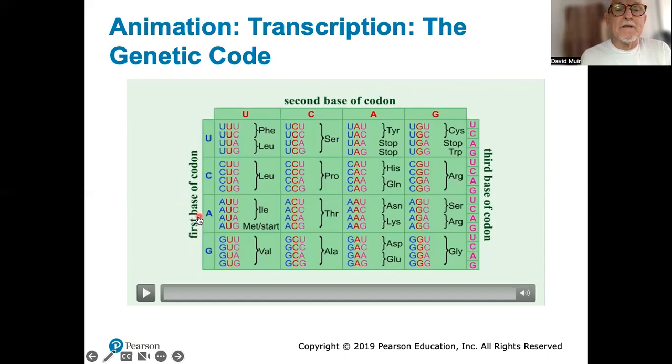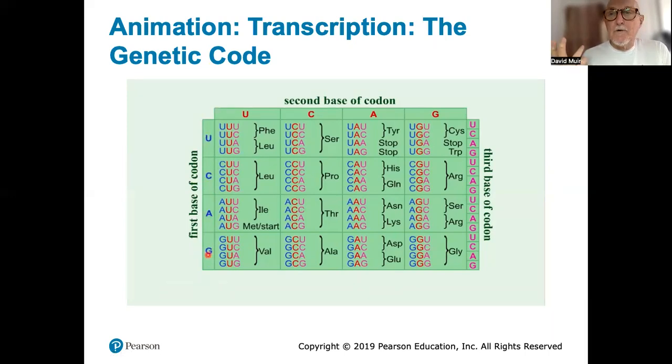I'll just explain that this is the first base in the codon sequence. So if I tell you, let's look up CAG. What's our first nucleotide? Cytosine, C, right? Here's the second base here.